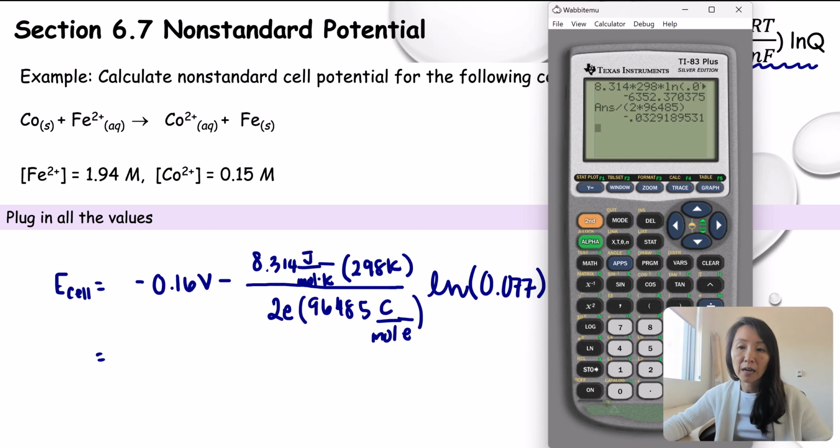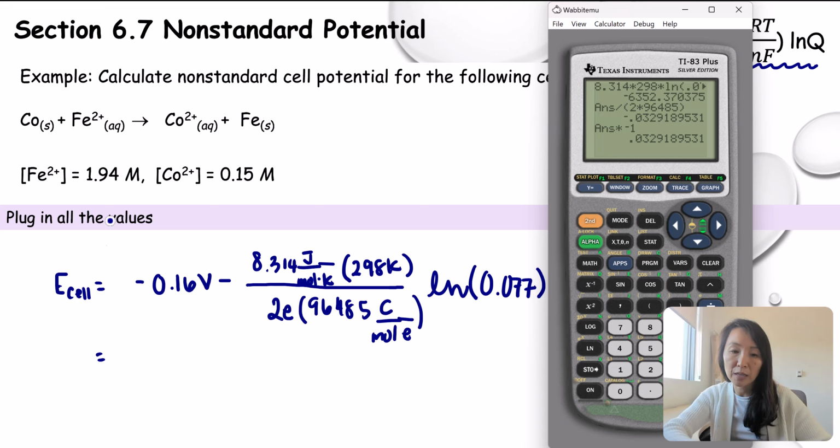Now, there is a negative 0.03 here, and there is a negative sign over here, so I'm going to multiply by negative 1, and that will give me a positive 0.032. Add that to the negative 0.16, and I should get negative 0.127.